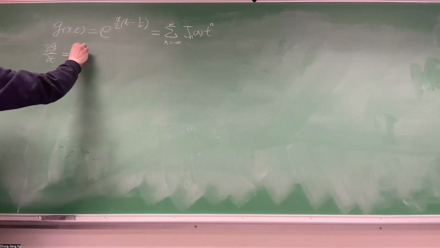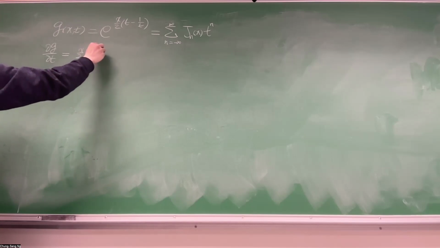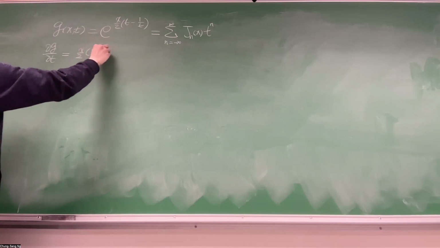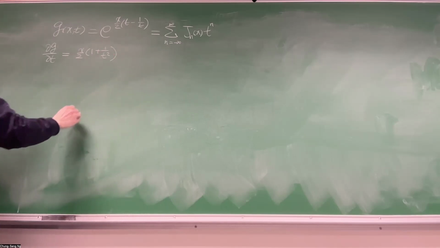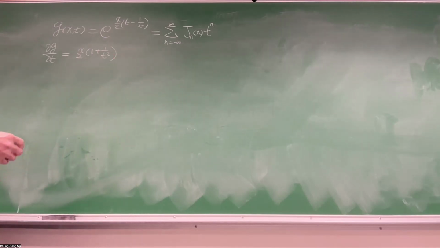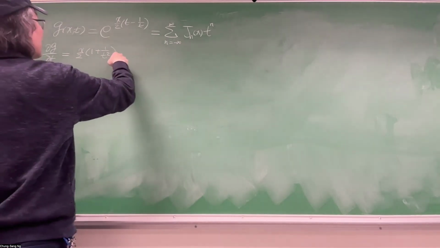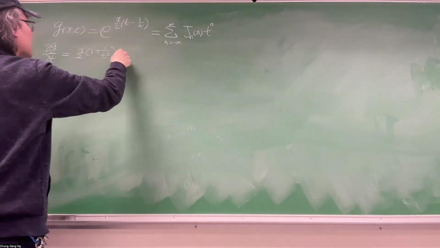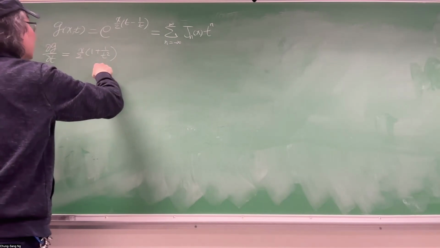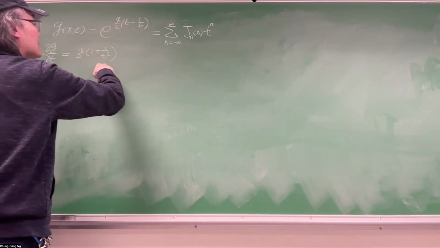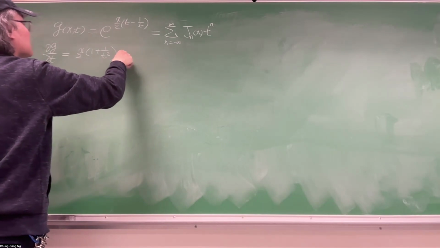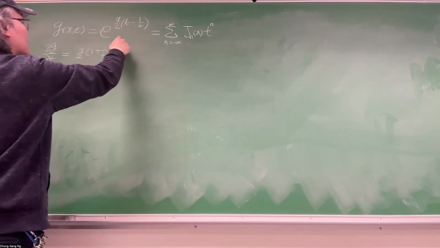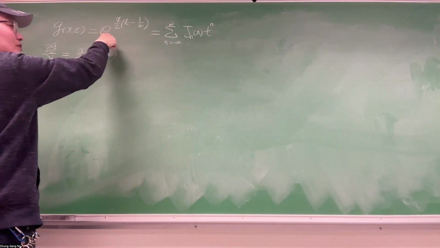The derivative of the argument is x over 2 times (1 plus 1 over t squared). And then multiply by the same exponential function, which means the same g.